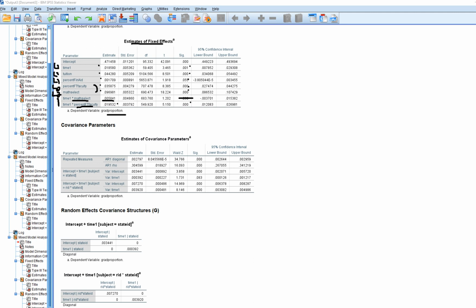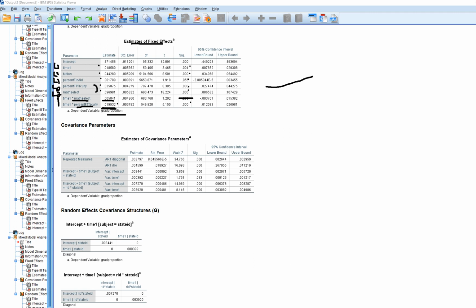So given that this coefficient is positive, what this is basically indicating is that the relationship between our time one predictor variable reflecting the slope for our growth curve was already positive. So that means that in general we're observing an increase in grad proportion over time.